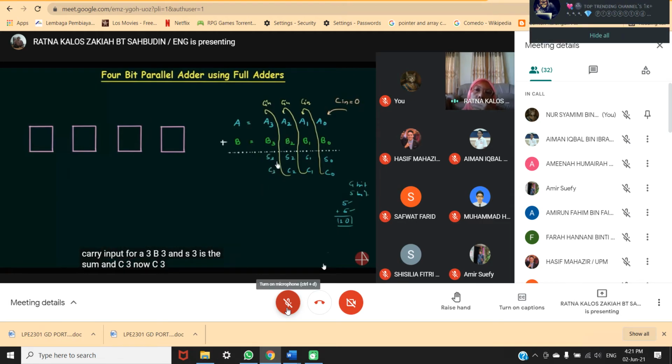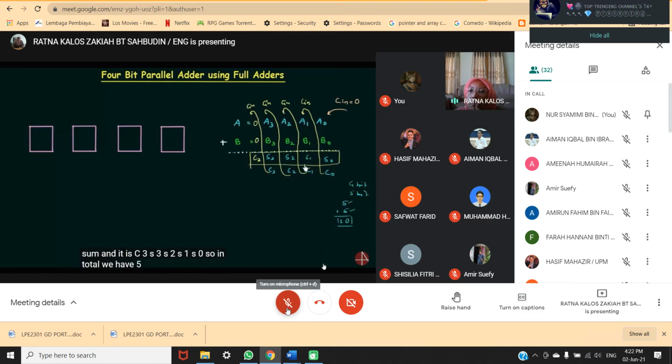Now C3 is what we got after the addition of the 4th bit, and this C3 will again act as the carry input for the next sum, and we have 0 plus 0 plus C in, and C in is C3, so we will have C3. So this is what we got as sum, and it is C3, S3, S2, S1, S0.